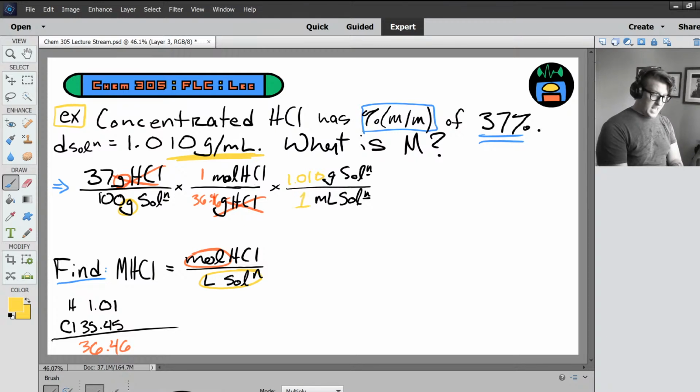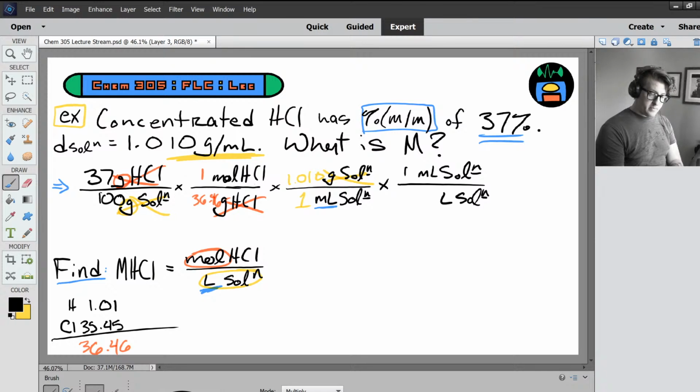That cancels grams of solution with grams of solution, and now we're almost home free. We're not quite there, though, because right now we have milliliters in our denominator, and we want to land on liters, so we have one more unit conversion to go through. We want to cancel milliliters of solution. We want to be left with liters.